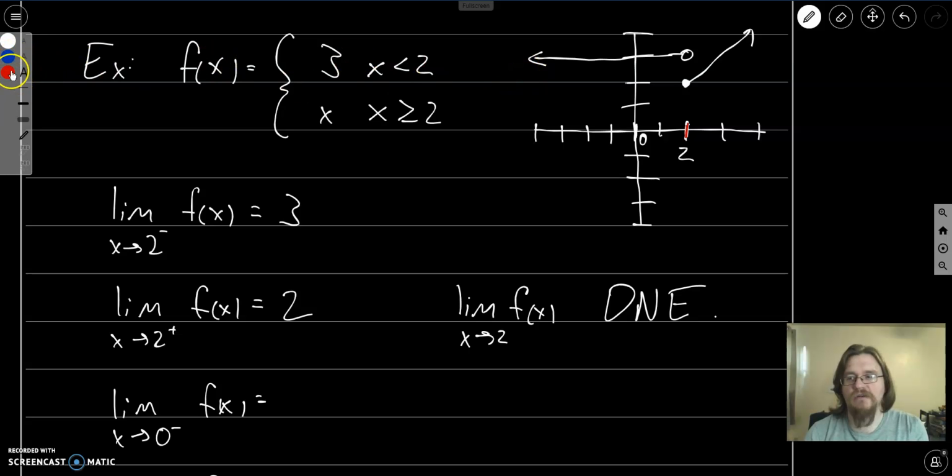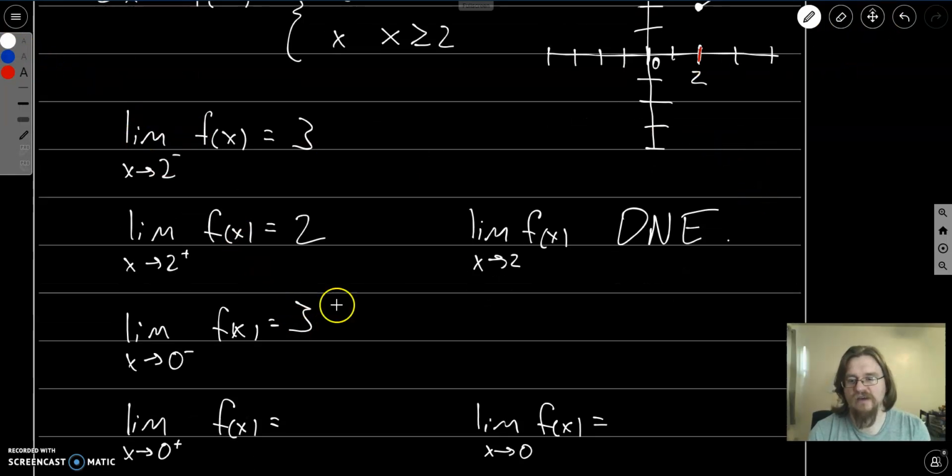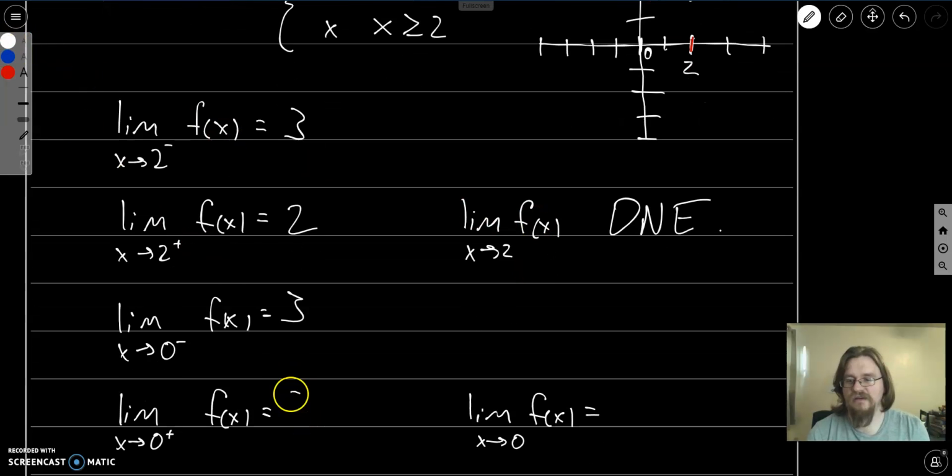As we come in from the left-hand side, we're following our function, and the function is just going to be 3 everywhere to the left of 0. So as we come in from the left, we're approaching 3. As we come in from the right, we're also approaching 3. So this limit is just 3 as well.